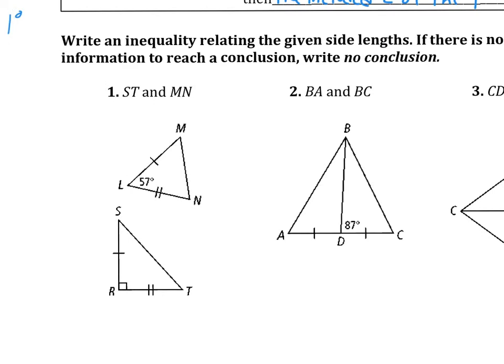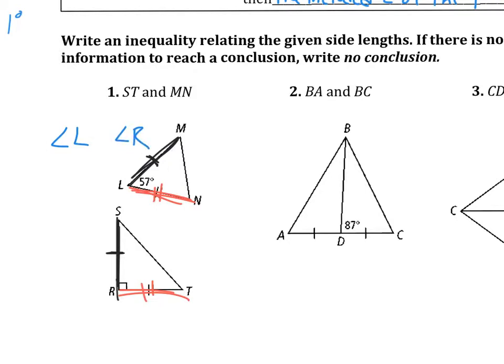Okay, so let's see here. Notice the key is I have one side, LM, that is congruent to one side there. Yay! One side here is congruent to one side there. So how does this angle compare to this angle? Well, how does angle L compare to angle R?